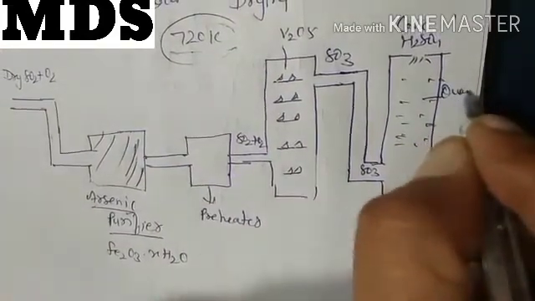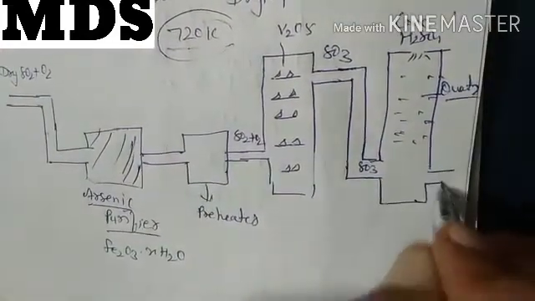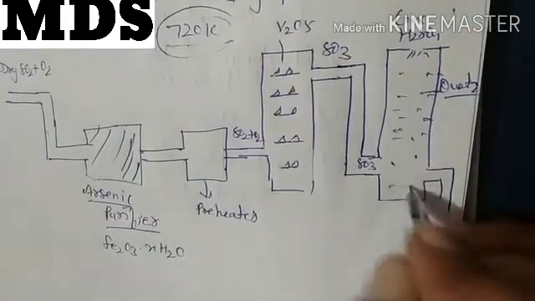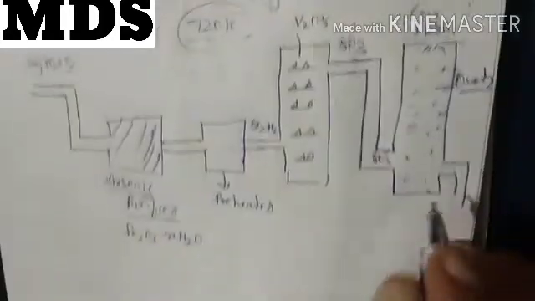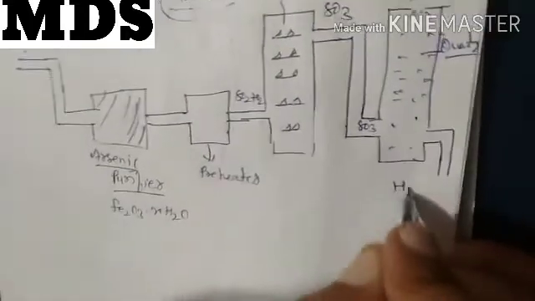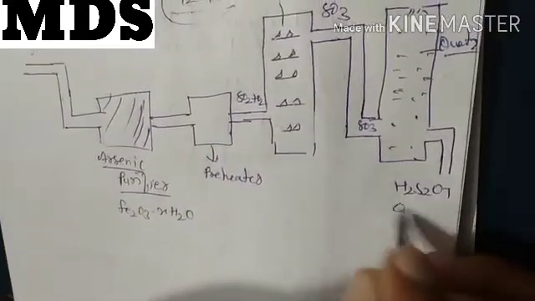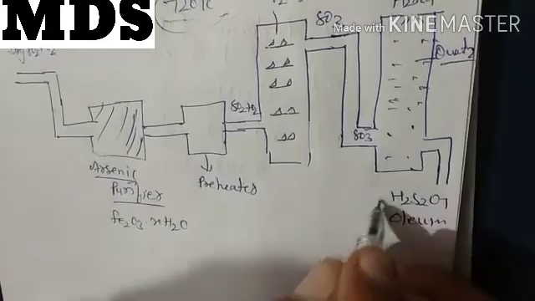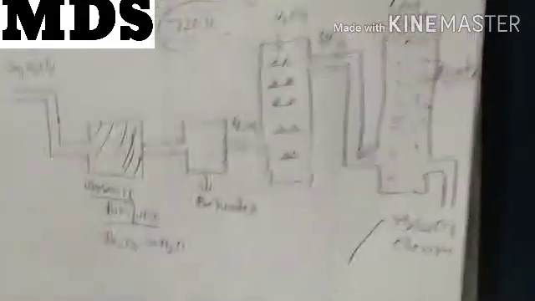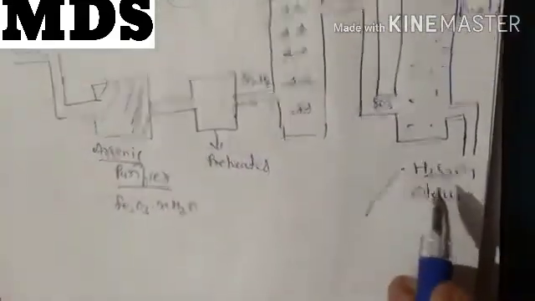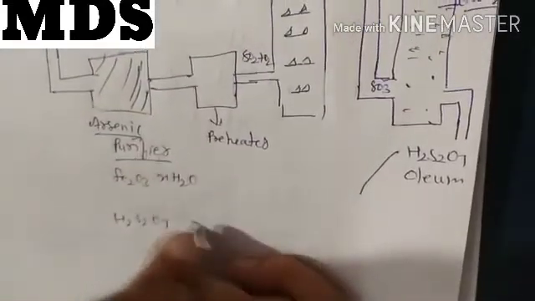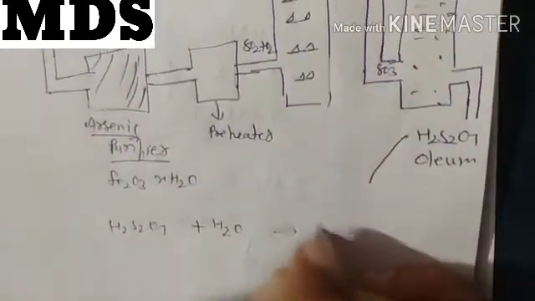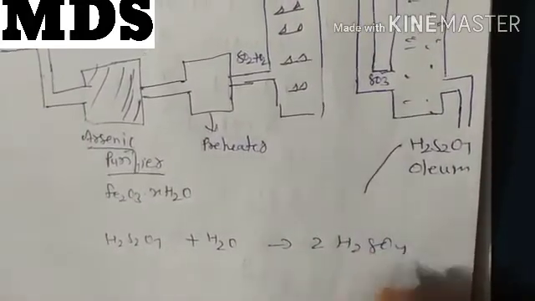It also has a quartz bed. So here the H2SO4 gets absorbed on the sulfur trioxide and it will give you H2S2O7, that is your oleum. You may ask why we are preparing H2S2O7 when we want H2SO4, but when you put H2S2O7 into water, it will result in the production of 2 molecules of H2SO4.